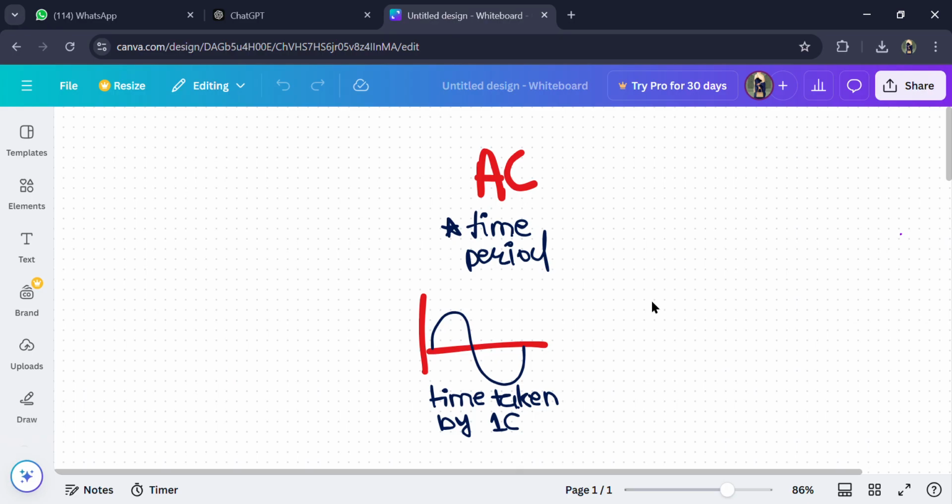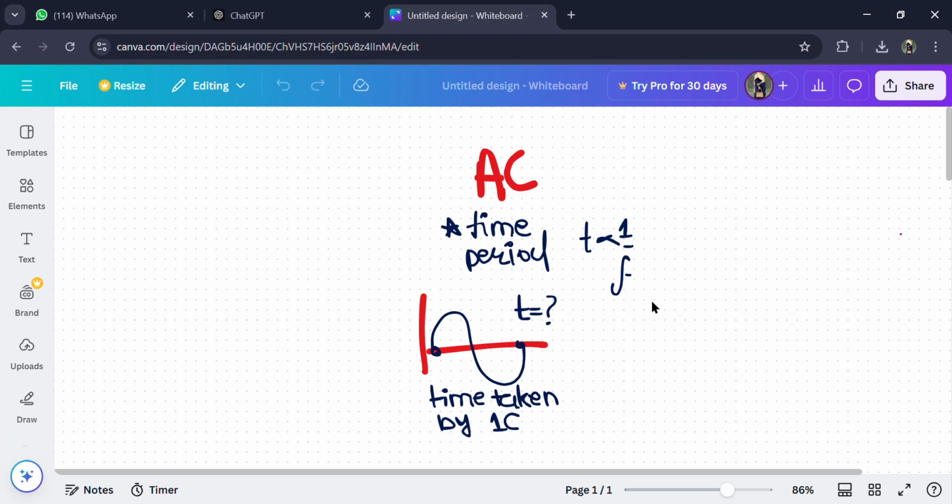Like from this point to this point, how much time was taken to complete one cycle, this is called the time period. And one more important point, time period always has an inverse relation with frequency. Now what is frequency? Just the opposite of the time period.